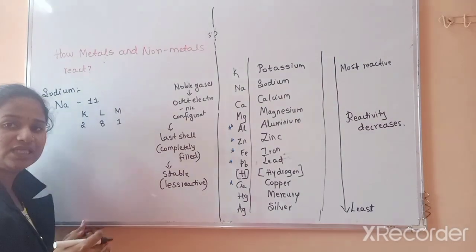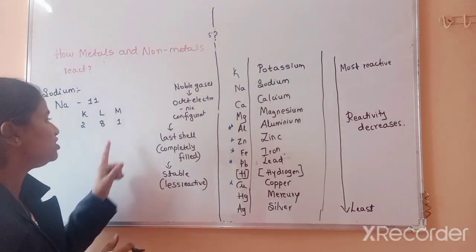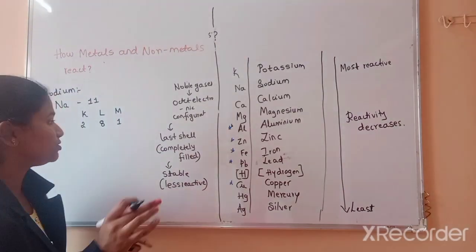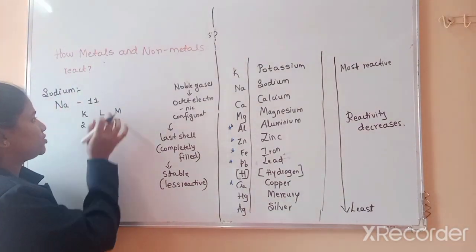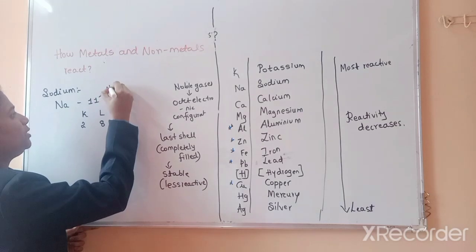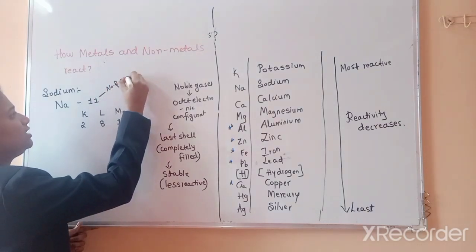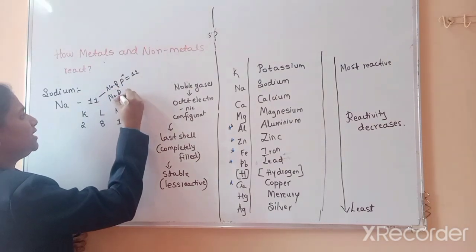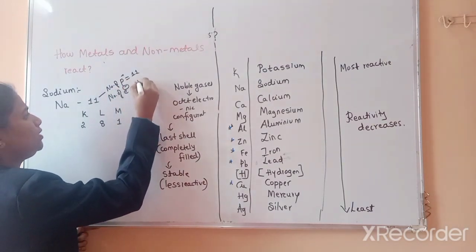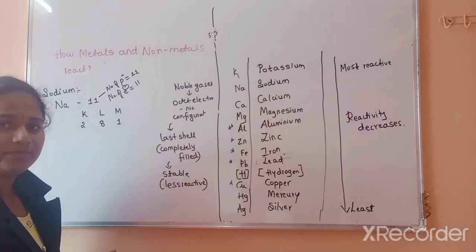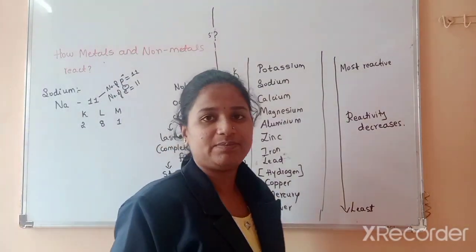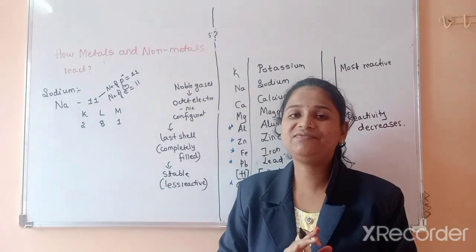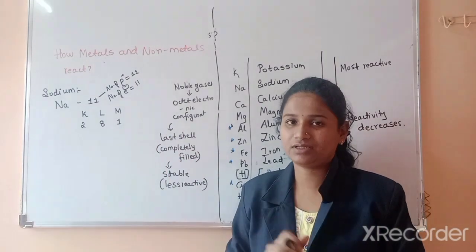We know M can take 18 electrons, but we need only 1 electron, so 11 is the atomic number. The number of protons is 11, as is the number of electrons. But sodium is not stable, because it does not have an octet or completely filled shell configuration.